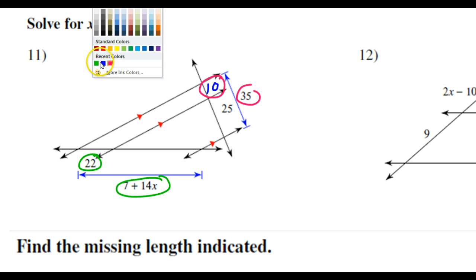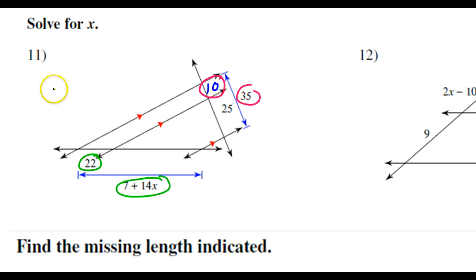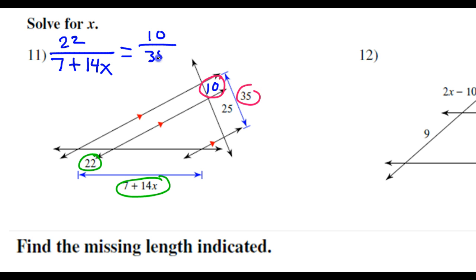So let's set up that proportion. Looking at the greens, I could have 22 over 7 plus 14x, and that would equal 10 over 35, the part and the whole. Let's reduce this.